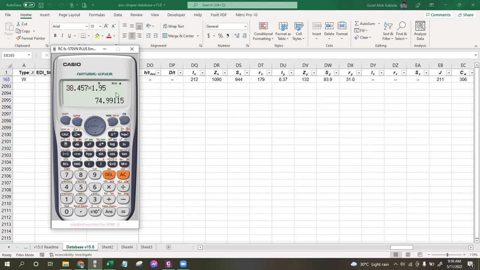Okay? Equals, ito yung value. Kailangan shift, tapos store, tapos pipili ka lang ng letter dito. Lagay natin A. Okay? So, ibig sabihin, kapag nag-alpha A ka, laging lalabas na yung value na yun. Okay? So, ganoon din yung gagawin natin dun sa other values natin na gamit natin dun sa formula natin.